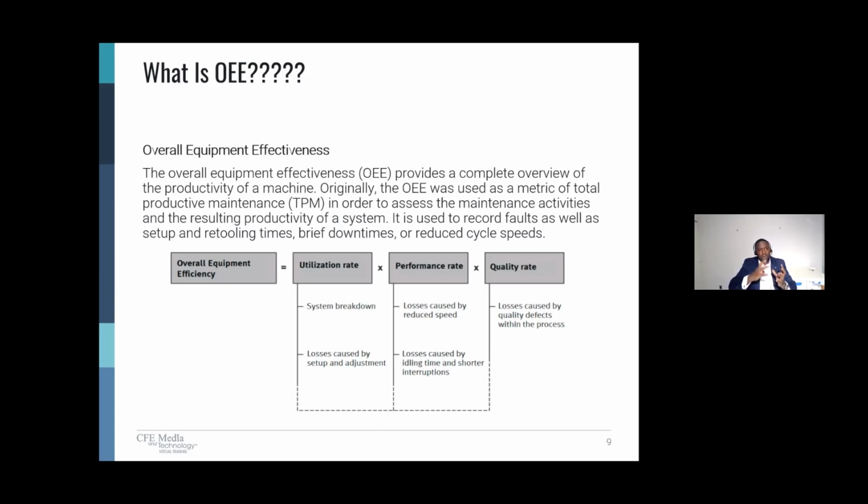So we talked about what it is that we're looking for, the expectations from a PLC in the last slide. I have expectation for a reason. It's because I need my overall equipment effectiveness. I need my OEE. This is what's going to tell me if I am doing the right things. So OEE will give me the utilization rate, the performance rate, and a quality rate.